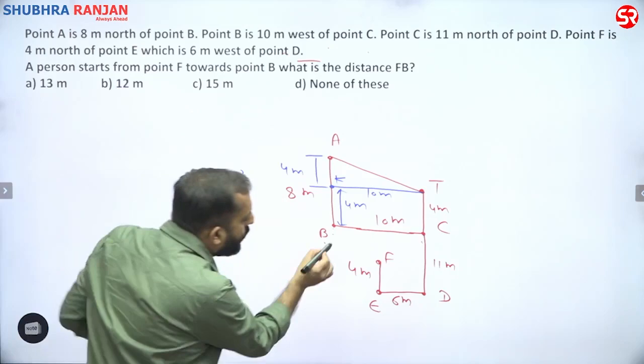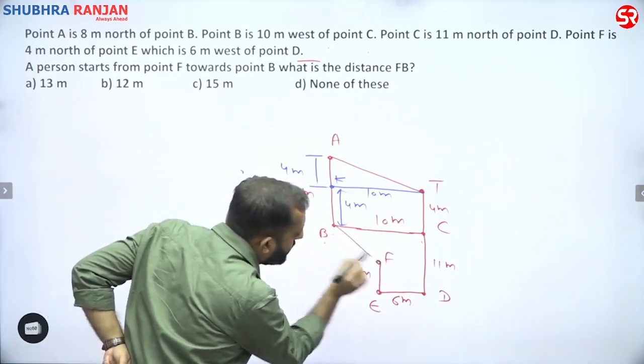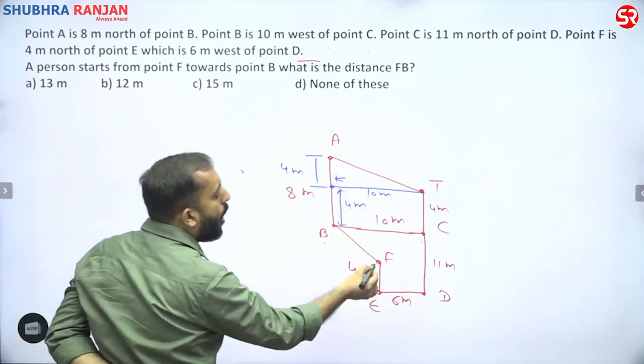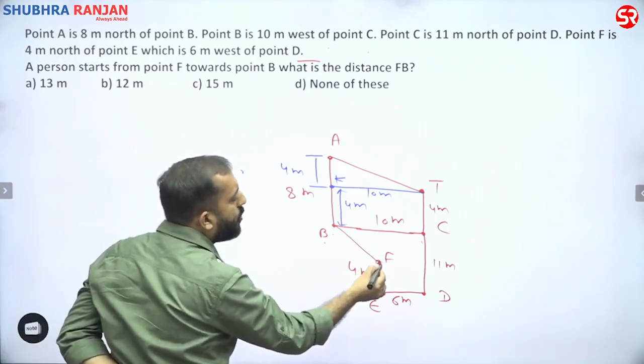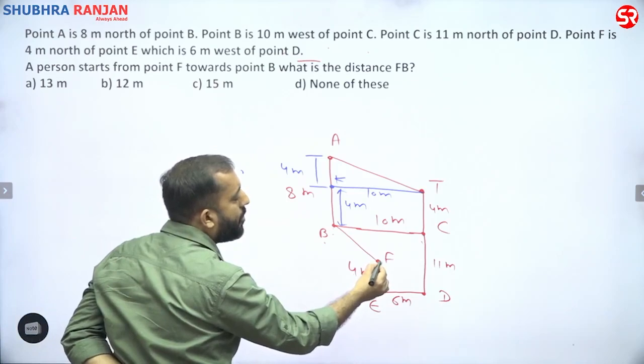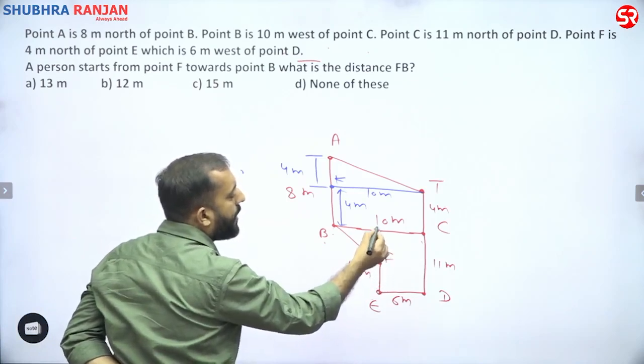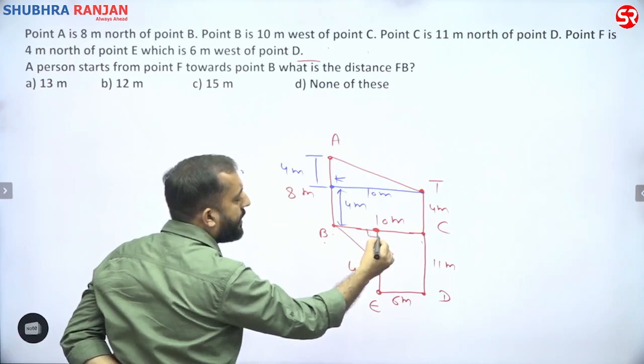So we are looking for this distance, F and B. So draw a perpendicular from point F to BC. From point F to BC, this angle has to be 90 degree.